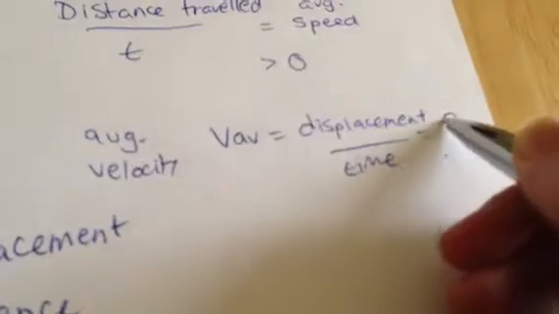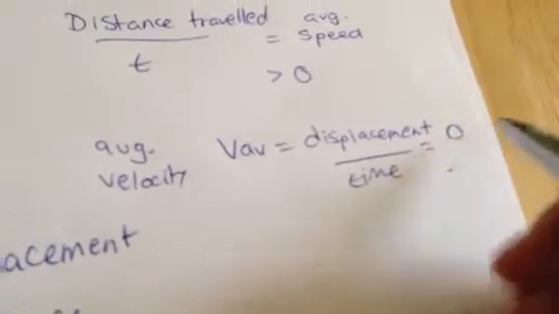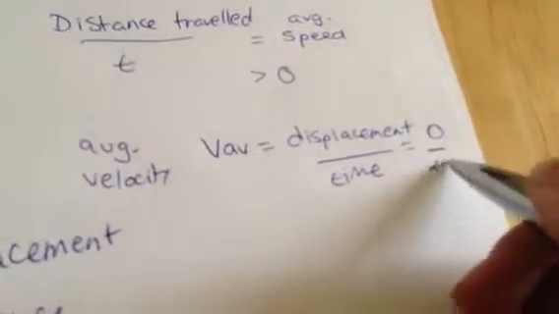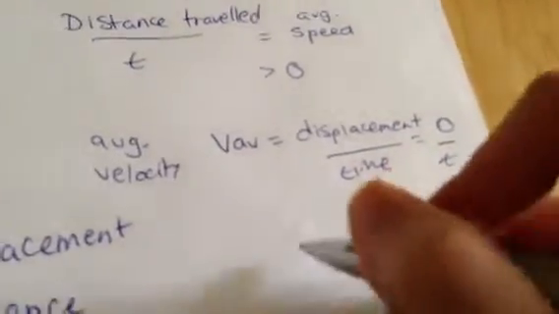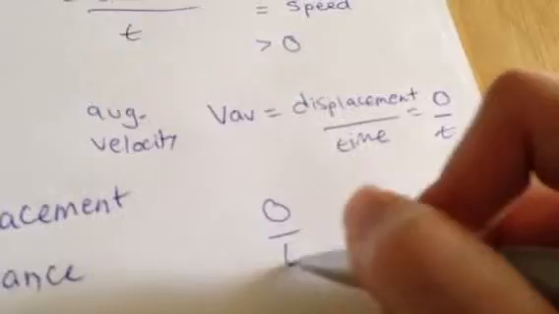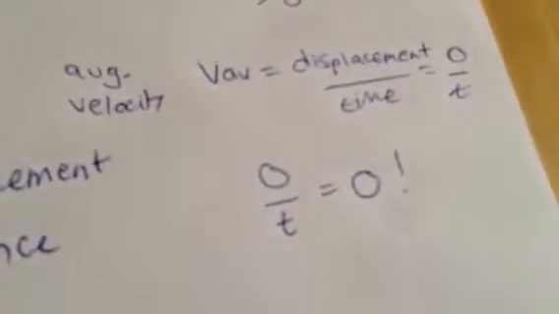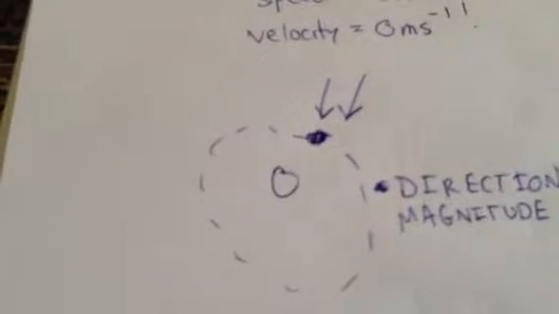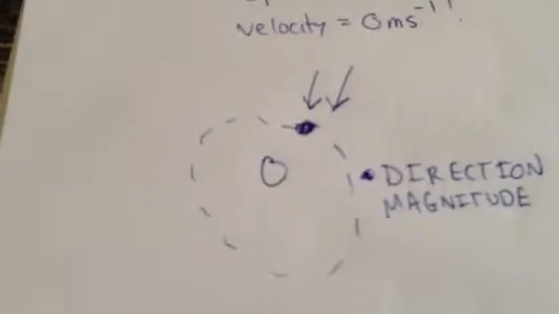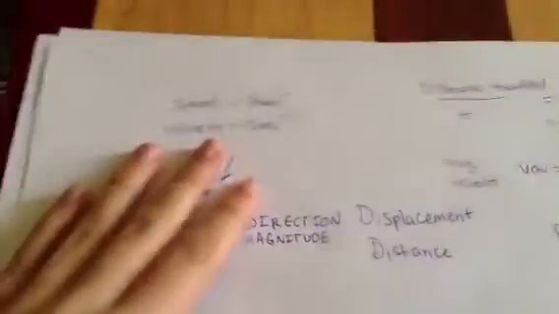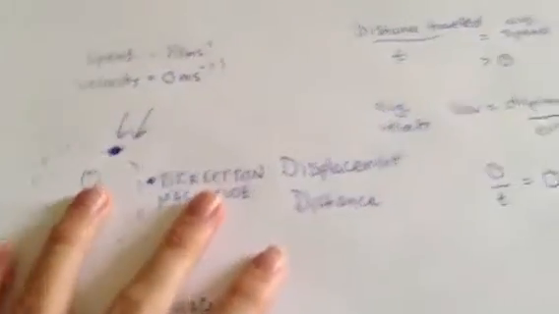So we've moved 0 in a direction, because displacement requires direction. And that took us however many times to get round. And of course, 0 divided by anything is always going to be 0. So that's why we have no velocity when we're talking about rotating the Earth from the same starting to finishing position. So that's actually quite interesting.